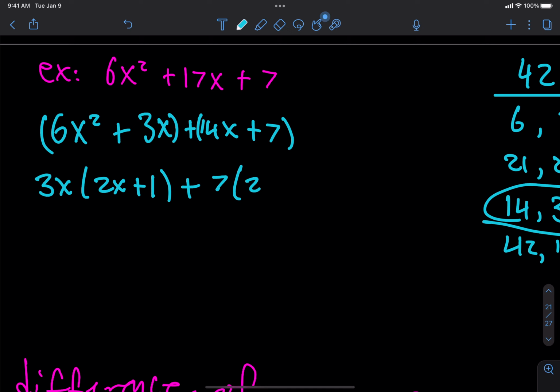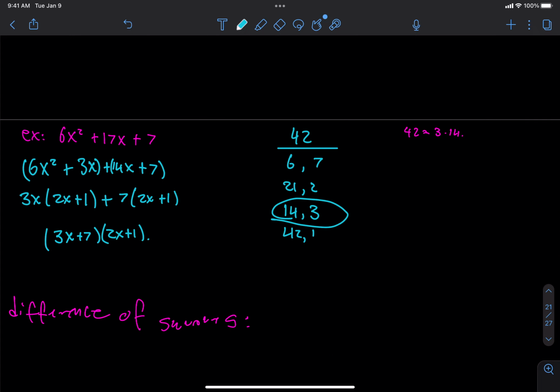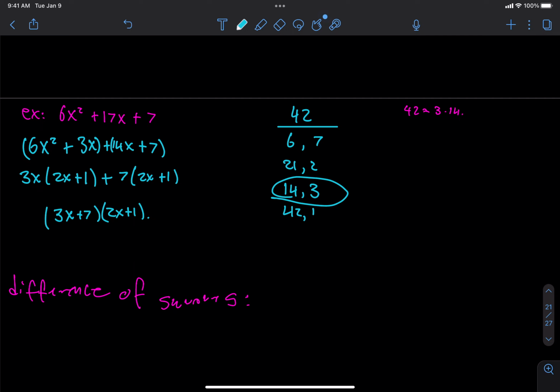And what's left inside is 2x plus 1 again. So I take these two, 3x and then plus 7. That forms my new term, 3x plus 7. And then that's all being multiplied by 2x plus 1. Okay, so this is the grouping method. It works for pretty much everything that is easily factored. At least using integers.